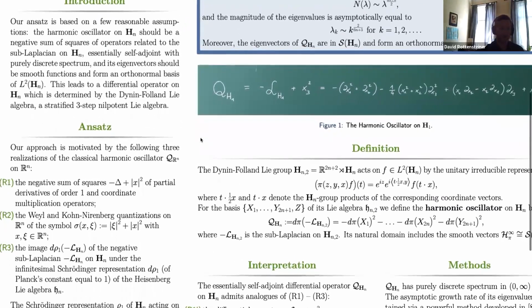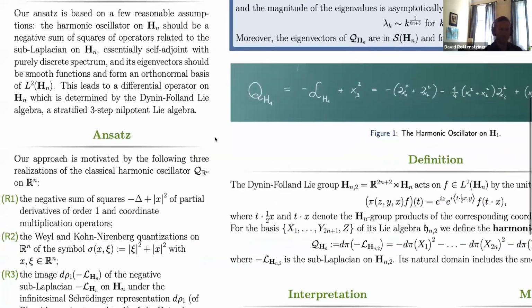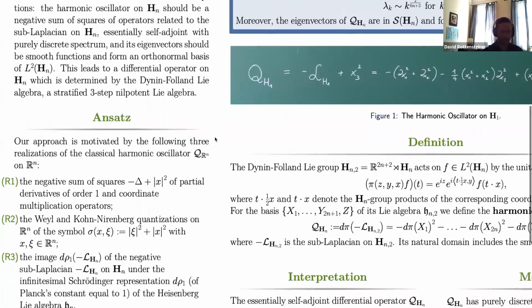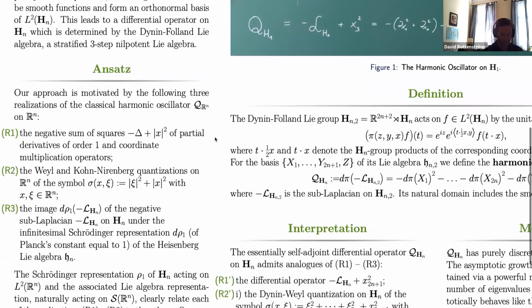Our approach is based on a few insights that we have on R^n, or well-known facts about the classical harmonic oscillator. First of all, the one on R^n can be written as a negative sum of squares of relatively simple operators related to the negative Laplacian and the quadratic potential.